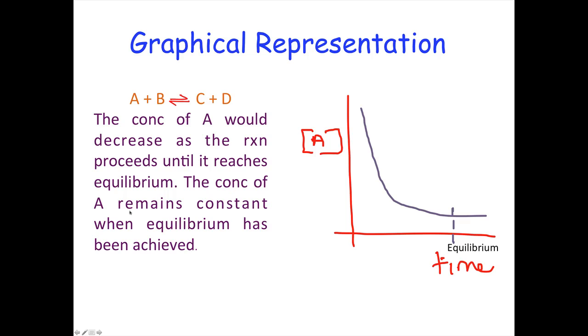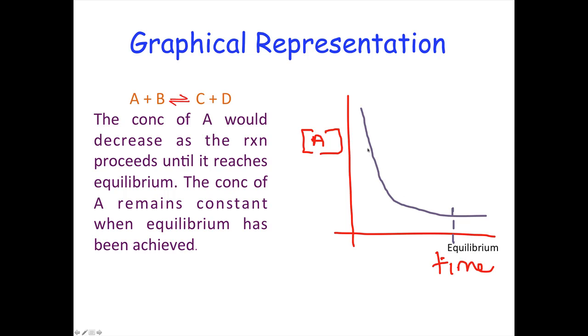The concentration of A remains constant when equilibrium has been achieved. In other words, if this reaction was only in one direction, all of A would have been converted, meaning that you would have had a graph where it would eventually reach the zero mark.